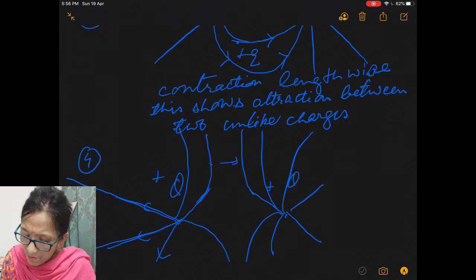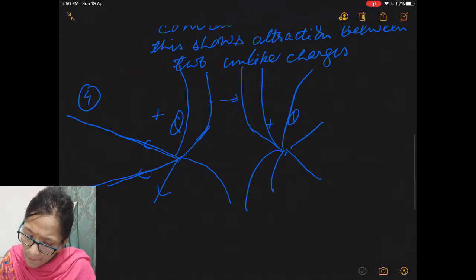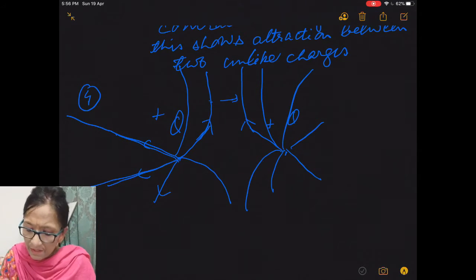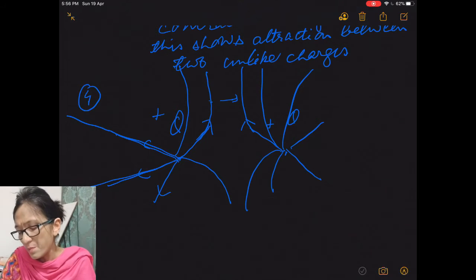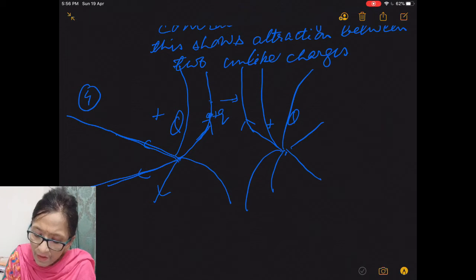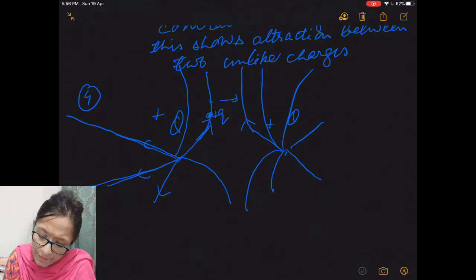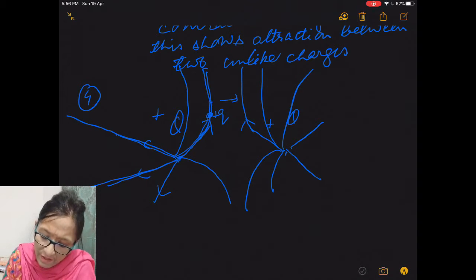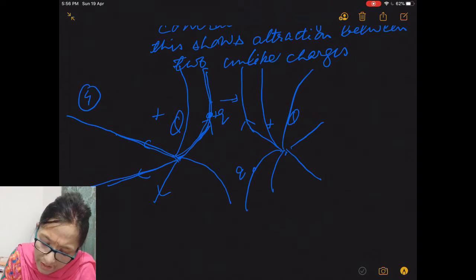So when we have two like charges, then this kind of field line pattern is obtained. What does this mean? This means that when you place a positive charge at this point, it will start accelerating, it will be forced along this curved line.